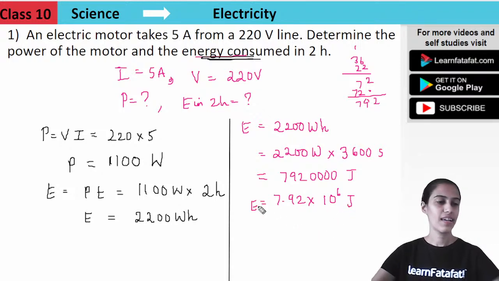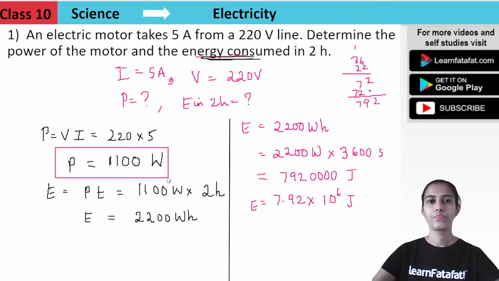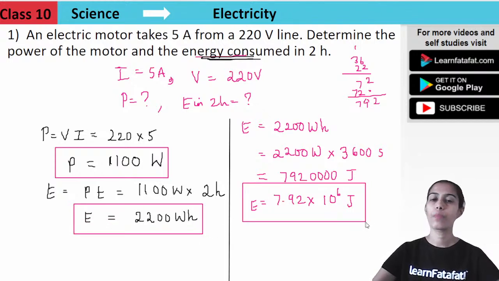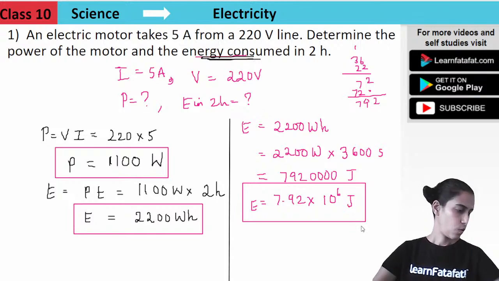So this is my answer for electrical energy consumed SI unit में अगर ढूंढना है तो. ठीक है, so दो पार्ट थे इसमें. फर्स्ट आई फाउंड द पावर ऑफ द मोटर और सेकेंड पार्ट में एनर्जी एक वॉट आवर में भी ढूंढ ली हमने और ये SI यूनिट में भी ढूंढ ली. ओके, क्लियर?